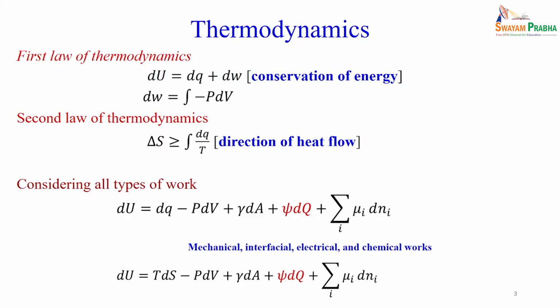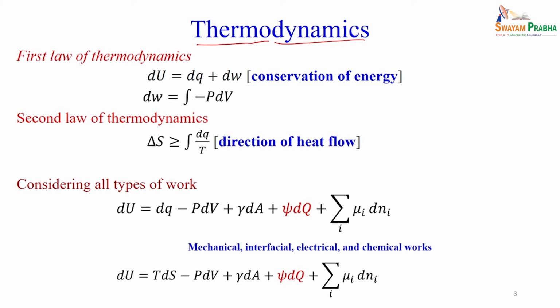So, I am reviewing the thermodynamics. As you know, thermodynamics means thermo, energy or heat, dynamics, transfer. So, it basically deals with the transfer of energy. It may convert from one form to another, transfer of energy from heat to work.